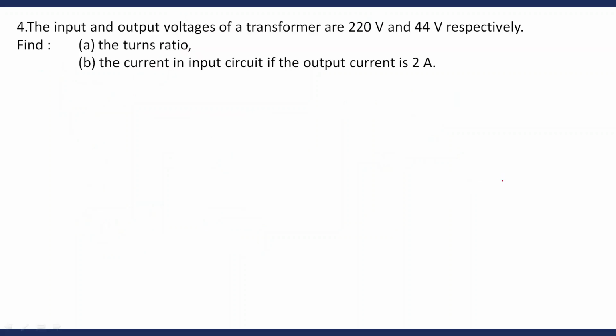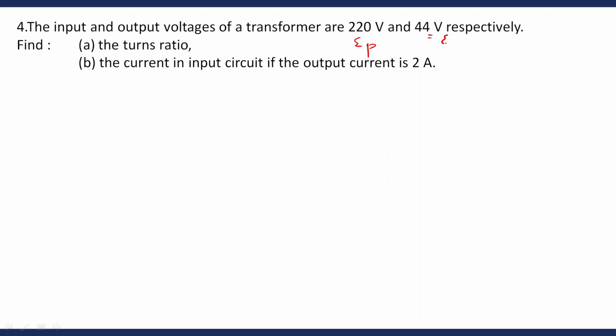Question 4: the input and output voltages of a transformer are 220 volt and 44 volt respectively. Find the turns ratio and the current in the input circuit if the output current is 2 amperes. What is given? This is the input, epsilon p.